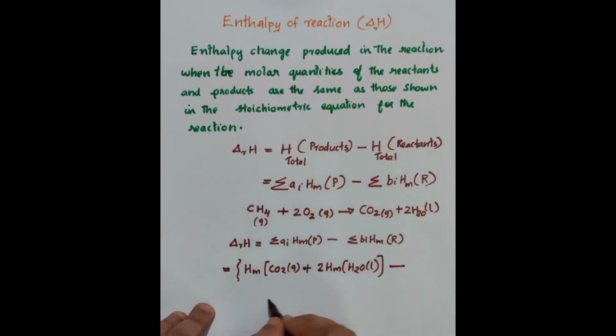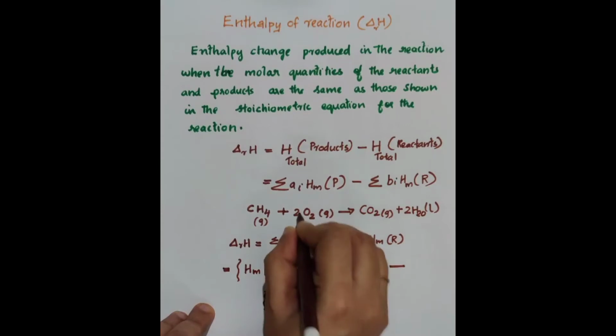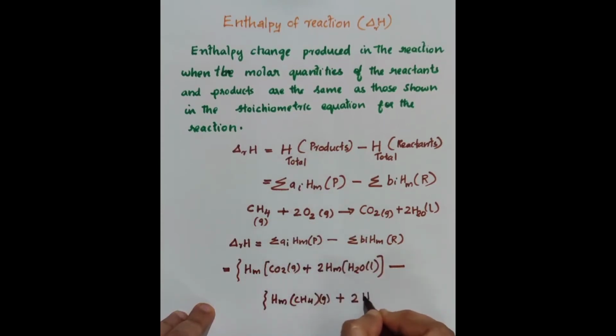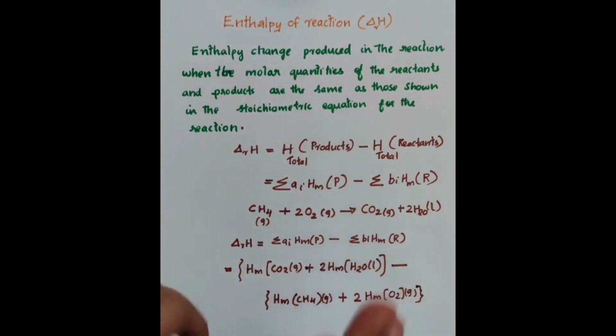Now next, which are the reactants? HM of CH4 in gaseous state plus 2 into HM of O2 gas. Okay, this is the overall enthalpy change of this particular reaction.